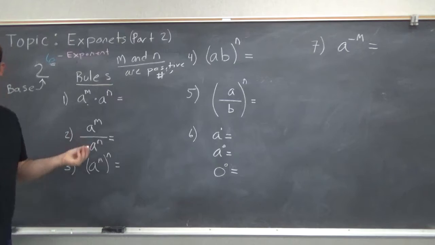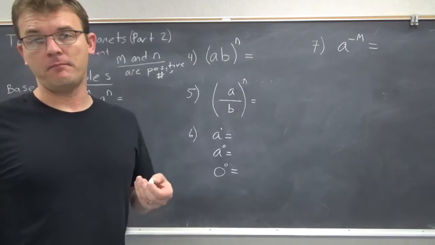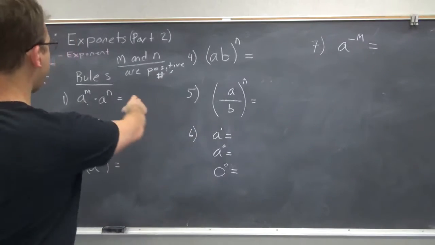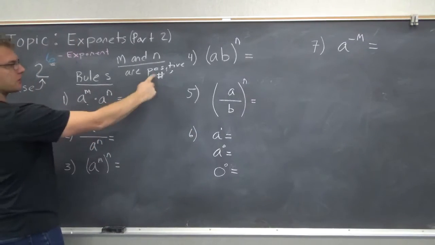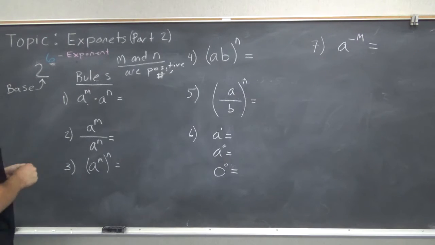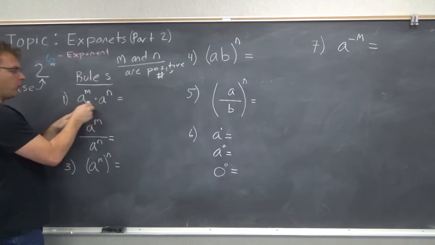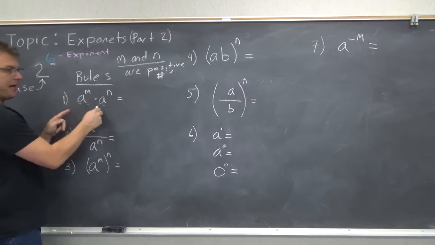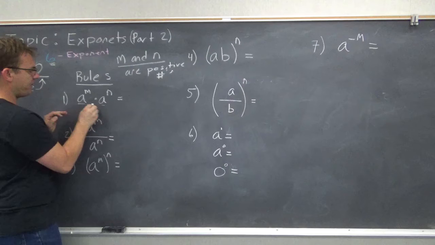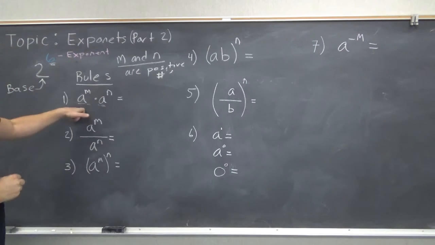They can be anything you want, from 1 to 1,000,000, but m and n are just positive numbers. So what's the rule when you are multiplying the same bases, the same numbers? You have to have the same base, you have to have the same a.